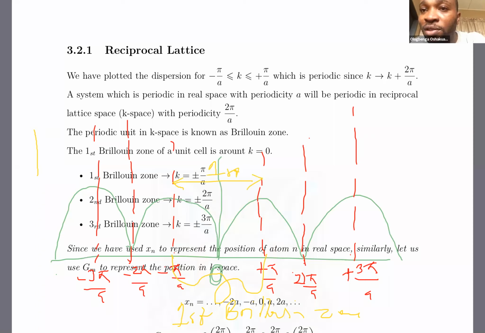From this to the second, from minus 2 pi over a to plus 2 pi over a, it's called the second Brillouin zone, while from minus 3 pi over a to plus 3 pi over a is called the third Brillouin zone.